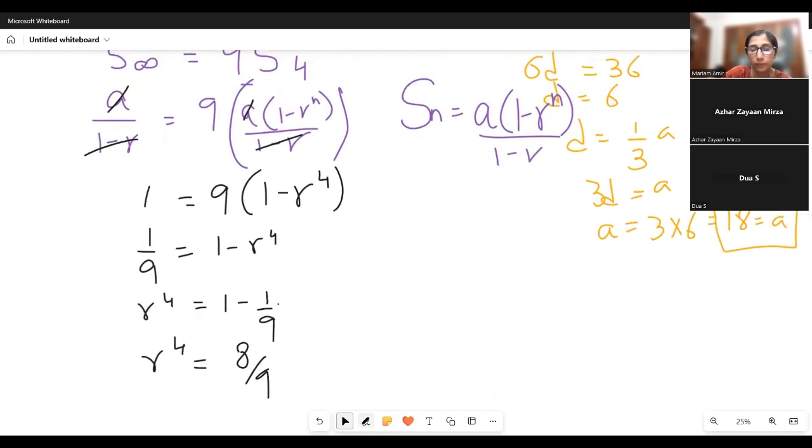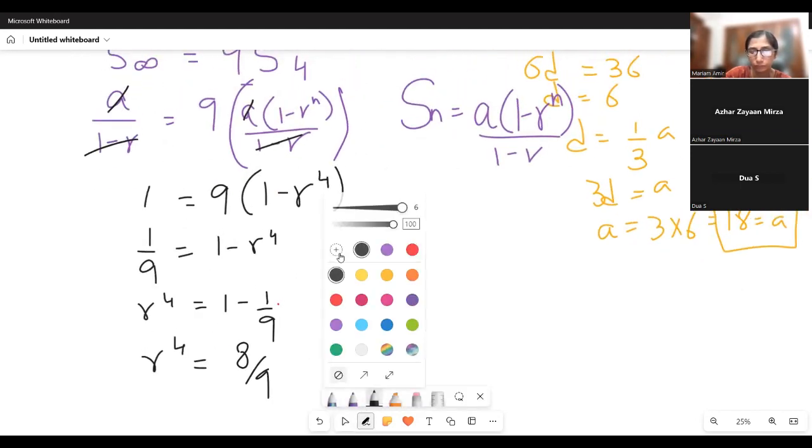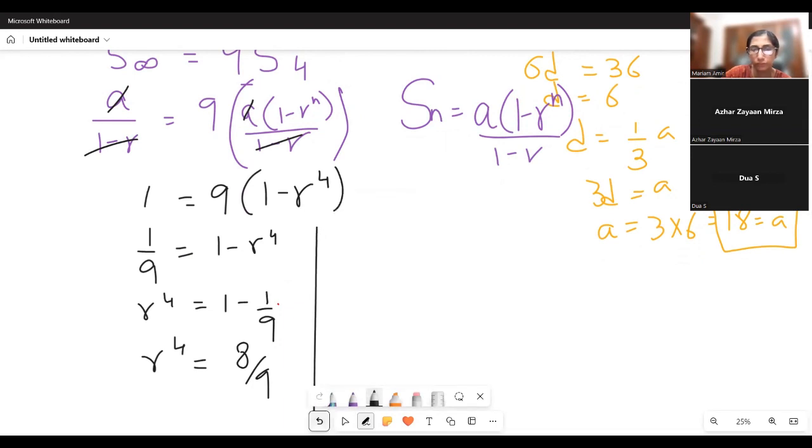तो fifth term का क्या formula होगा? U5, ar to the power n minus 1. ये होता है formula. So it's going to be U5 equals a r power 4.